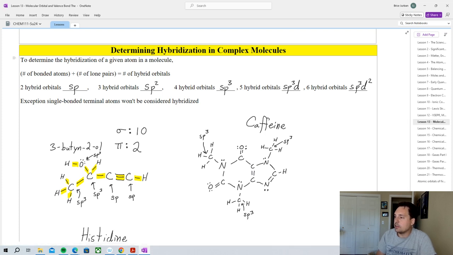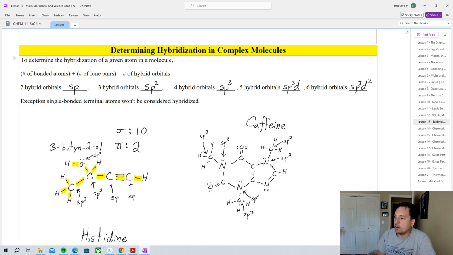And that's not entirely correct, but for this class, again, it's okay. So we have 1, 2, 3 atoms attached, and then a lone pair. So this would be sp3 hybridized. And then this nitrogen, by that rule, would also be sp3 hybridized, as well as this nitrogen down here.